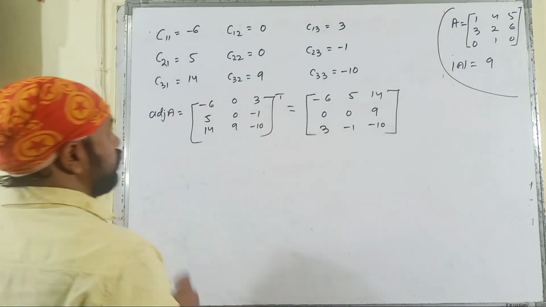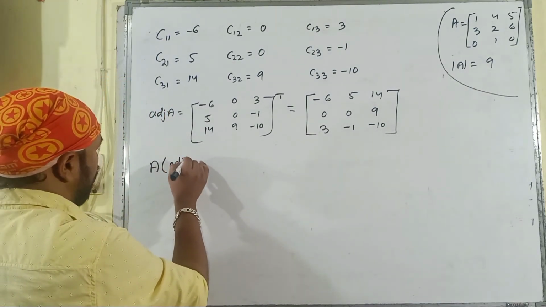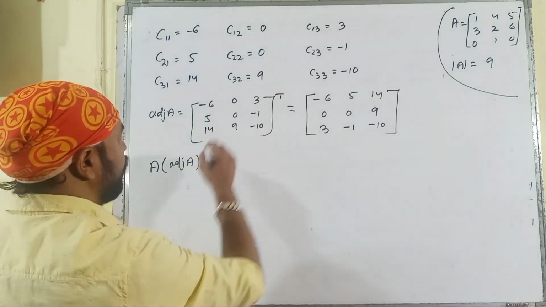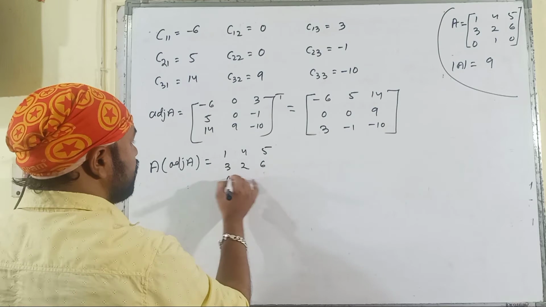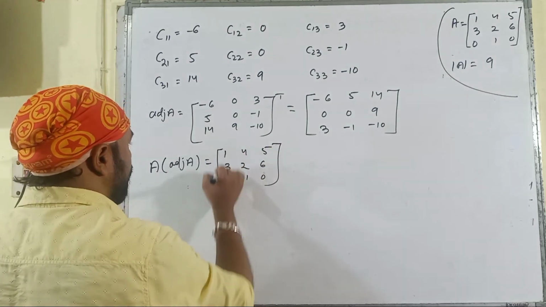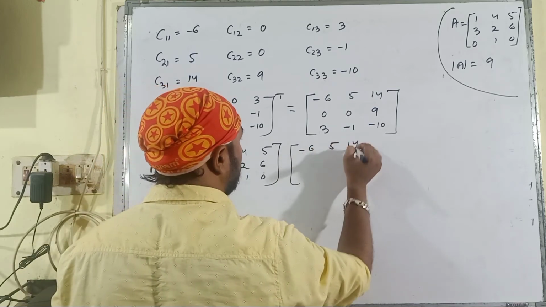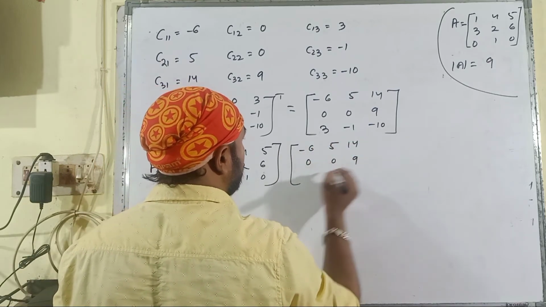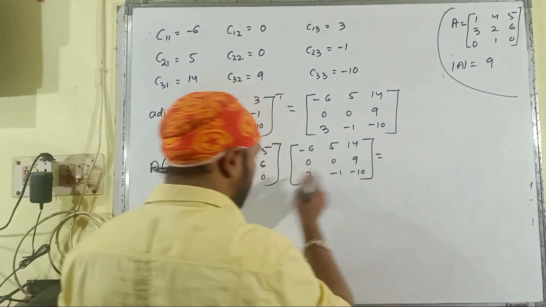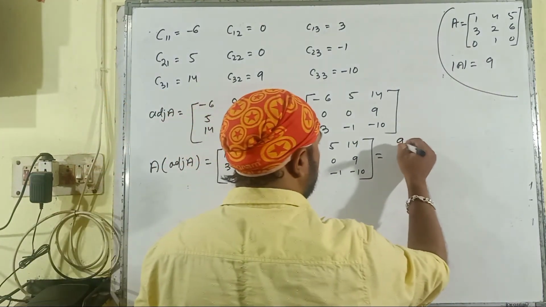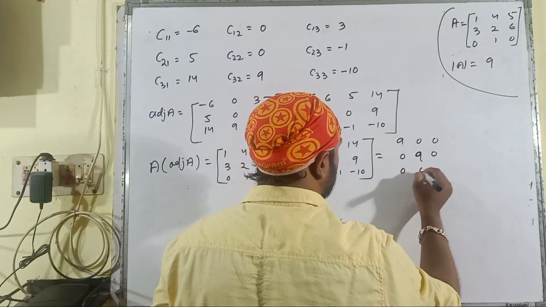Then we have to find the multiplication of A with adjoint of A. That means A, [1, 4, 5; 3, 2, 6; 0, 1, 0], multiplied with the adjoint of A, [-6, 5, 14; 0, 0, 9; 3, -1, -10]. After the multiplication you will find it is in the form of [9, 0, 0; 0, 9, 0; 0, 0, 9].